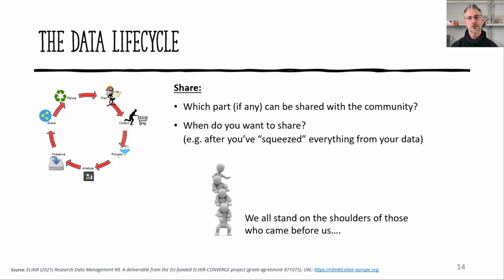After this, we are ready to share our data. So we need to think about which part, if any, of the data can be shared with the community, which data are valuable for the community, but also what kind of data we want to share. Remember that we all stand on the shoulders of those who come before us, so the more data we can share, the more others can make use of our research.